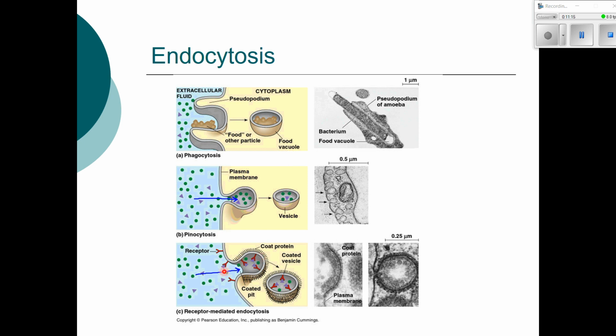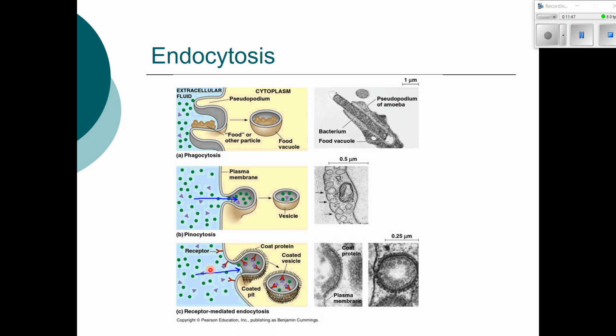In this case, the little circles will not fit on the receptor, only the little triangles. You see the little purple triangles? When those triangles hit the receptor, it's basically telling the cell, hey, there's some nutrient that's definitely present out here in this fluid. And the cell will take a gulp of fluid only when that nutrient is present.